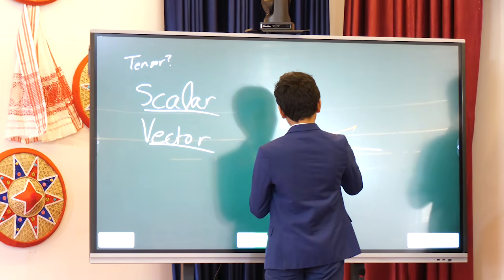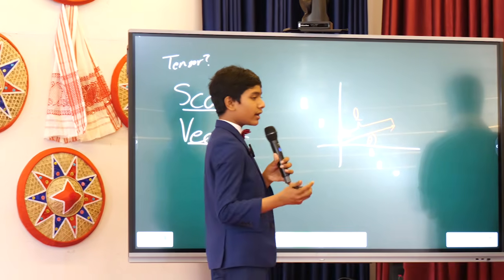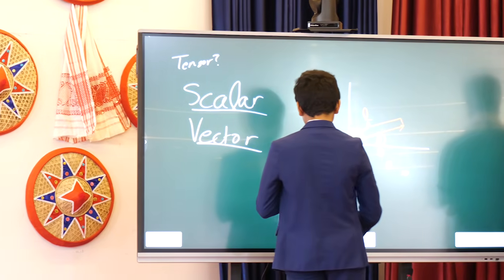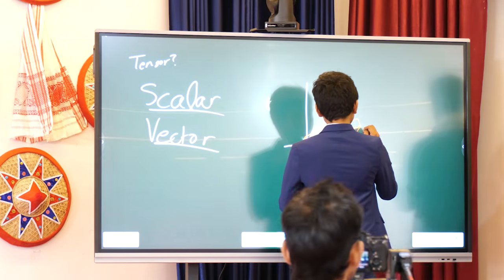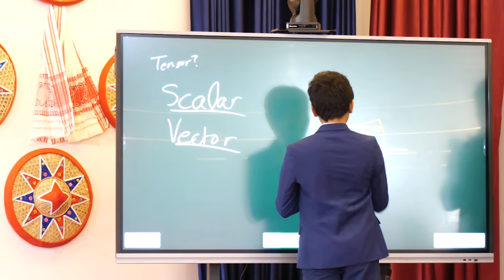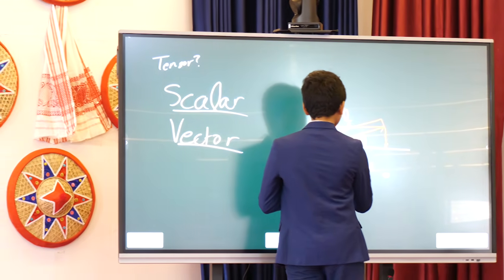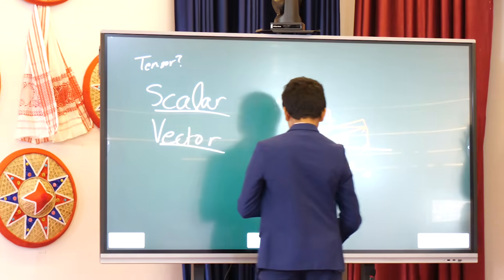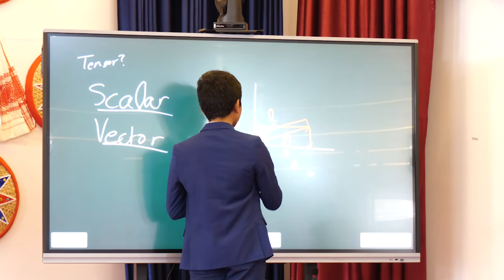So, we can actually specify these using the components of a vector. The components of a vector are essentially the lengths of the projections of the vector onto the x and y axes. So, this blue line right over here is the x component, and this green line right over here is the y component.